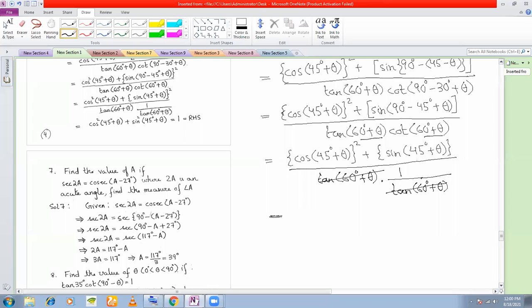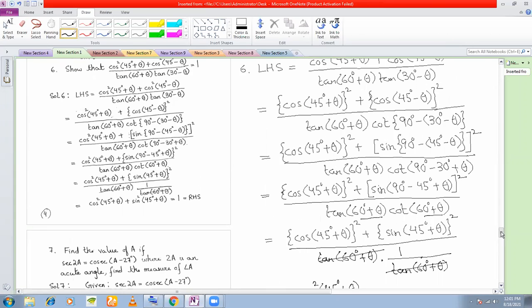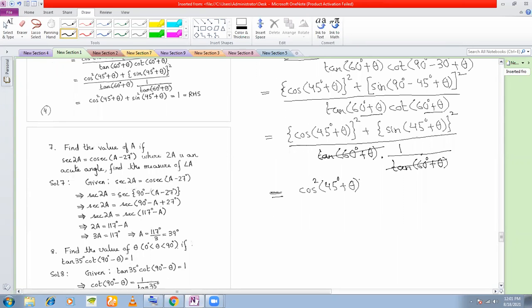In the numerator I'm left with cos square 45 degree plus theta. And here also I have a square. Here also I had a square. And here also there was a square. And in the numerator I'm left with plus sine square 45 degree plus theta.